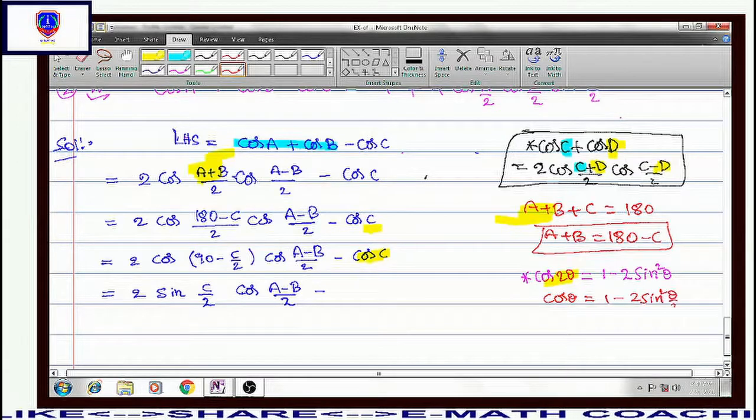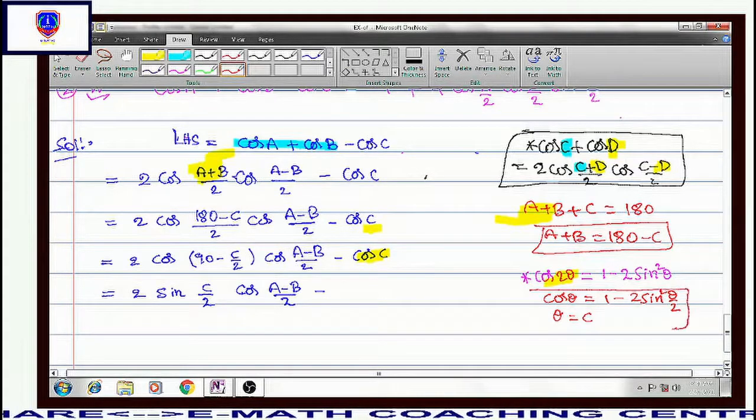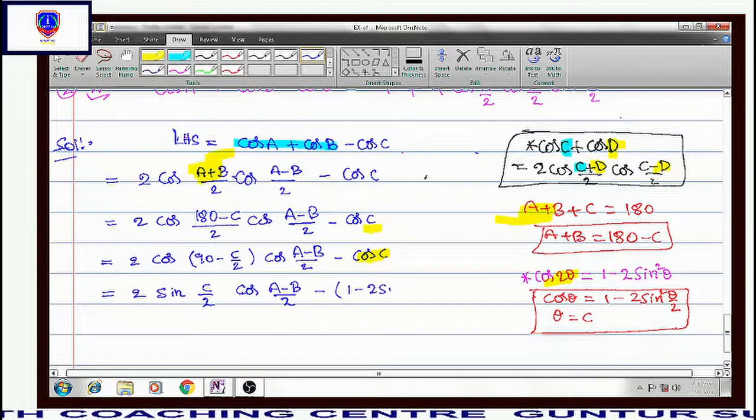Now put theta as C. Then cos C means, make a bracket, 1 minus 2 sine square C by 2.